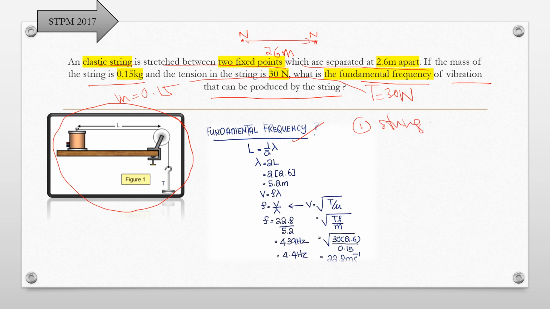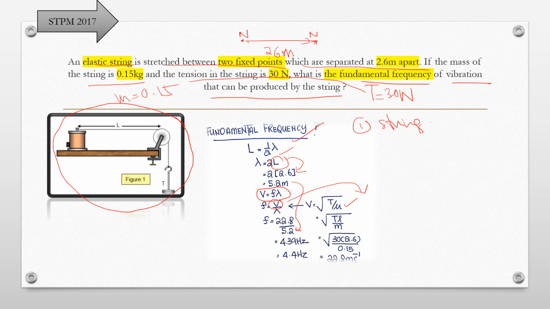So we take L equals half lambda, and L is 2.6, and then we use v equals f lambda and substitute inside. Now in order to find v, remember the speed of the transverse wave in the stretched string will be such as this.